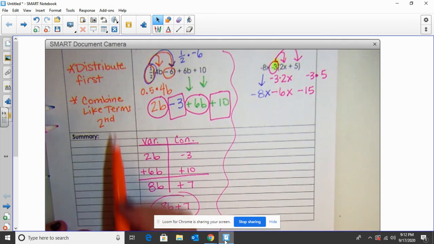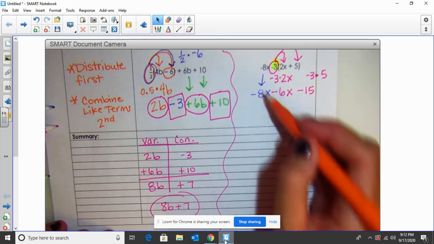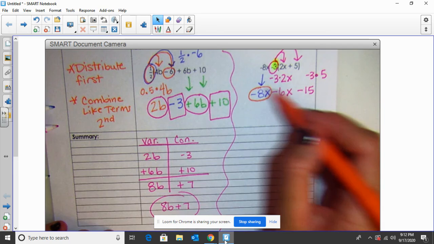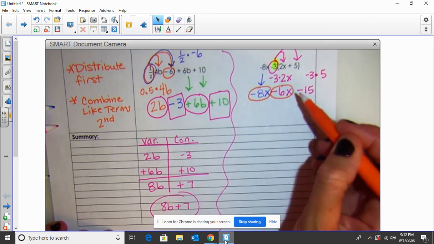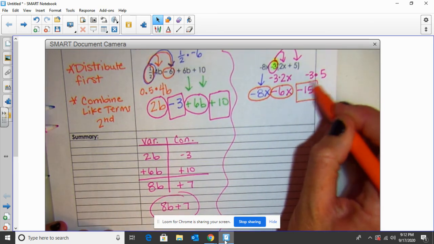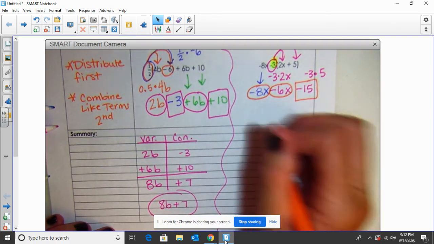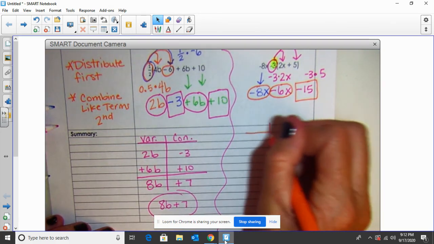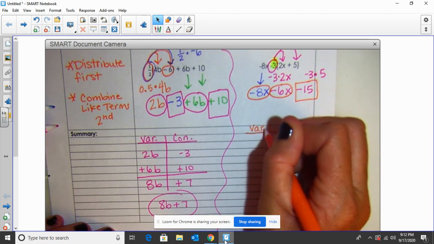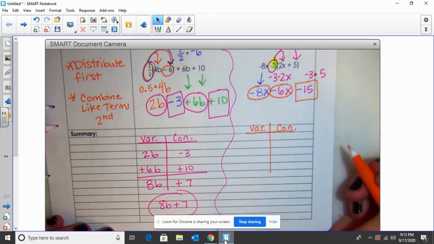Okay, so I did my distributing. Now I'm going to do my combining. This term has a variable, and this term has a variable. This term does not. He's a constant. So when I build my little columns, I have my variable terms and my constant terms.